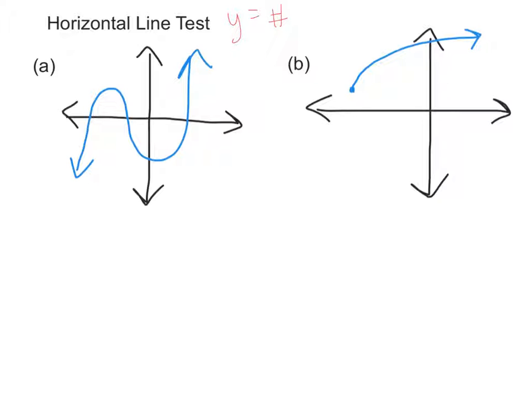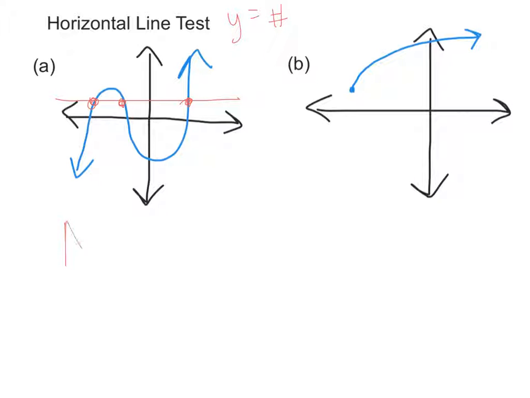Now it's a function, we know that, but do you think it is one-to-one? Yeah, I don't either. Because as you do your horizontal line test, look what happens. It hits right there, right there, right there. Anytime it hits more than once, you're out.